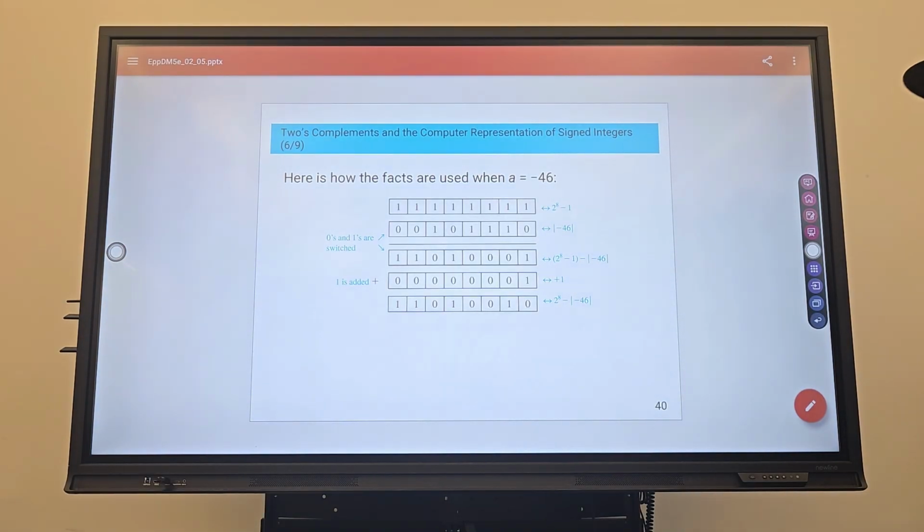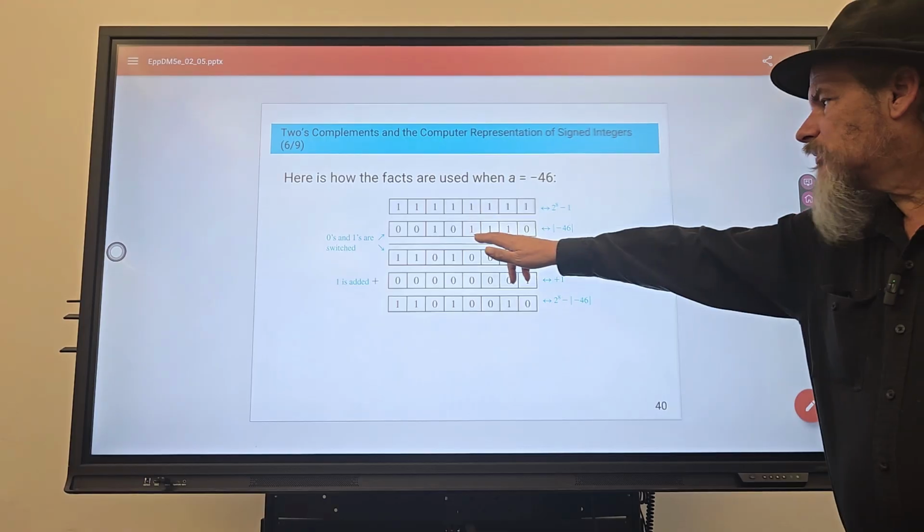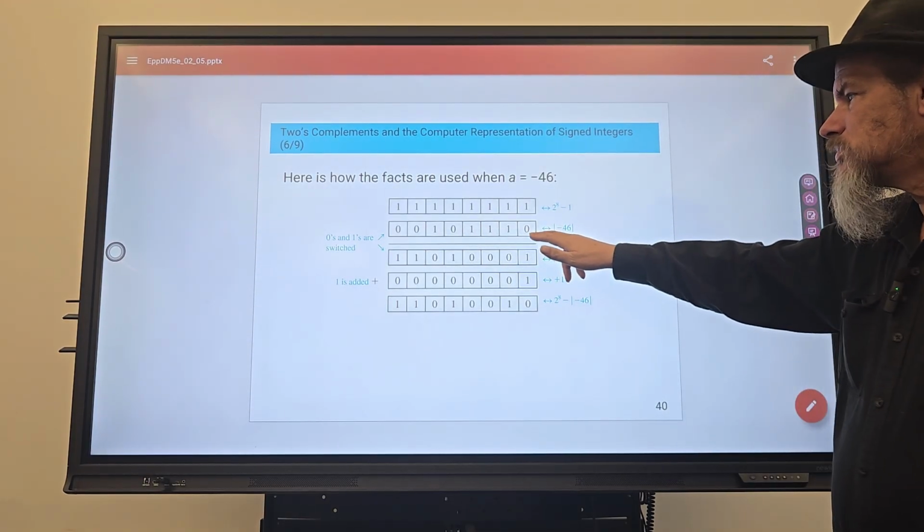Here's how the facts are used when a is negative 46. 46 in absolute value is this here.